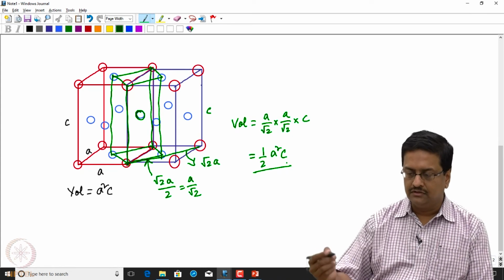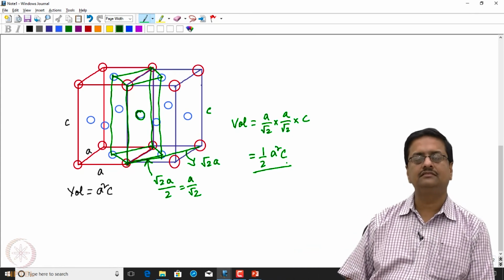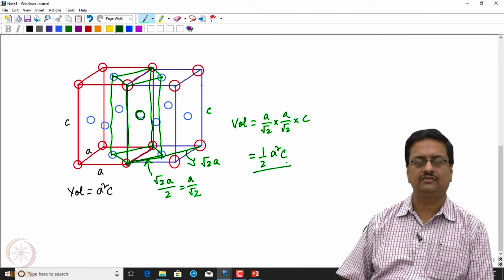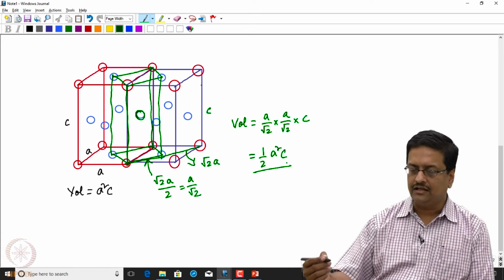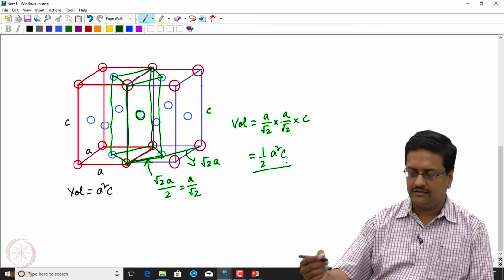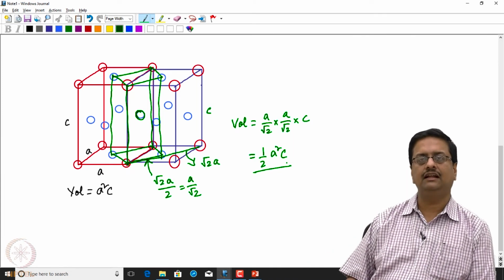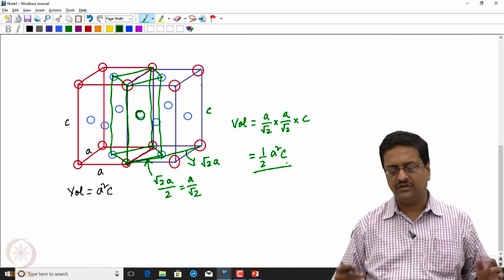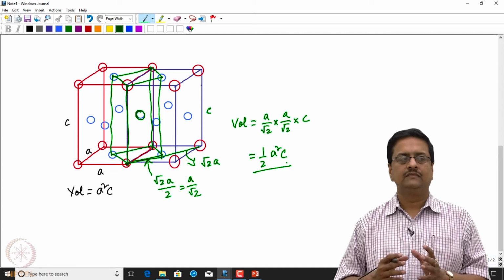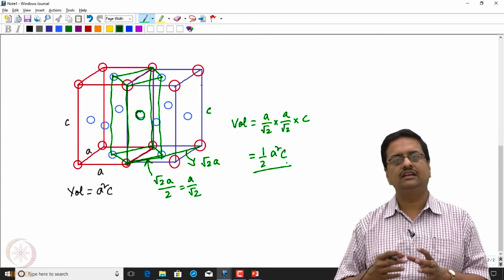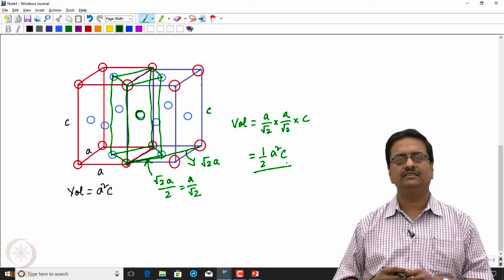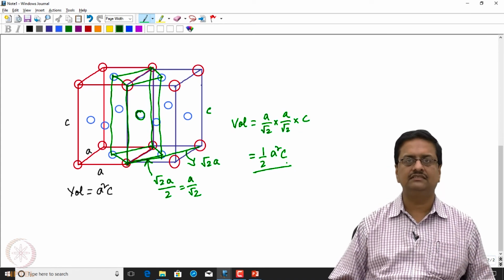So, this three-dimensional figure which we have drawn as face-centered tetragonal lattice can be described as a body-centered lattice having half volume. So, when we have the possibility of representing the same crystal structure using a smaller volume, we should use that as the basic lattice instead of the one which has a higher volume.